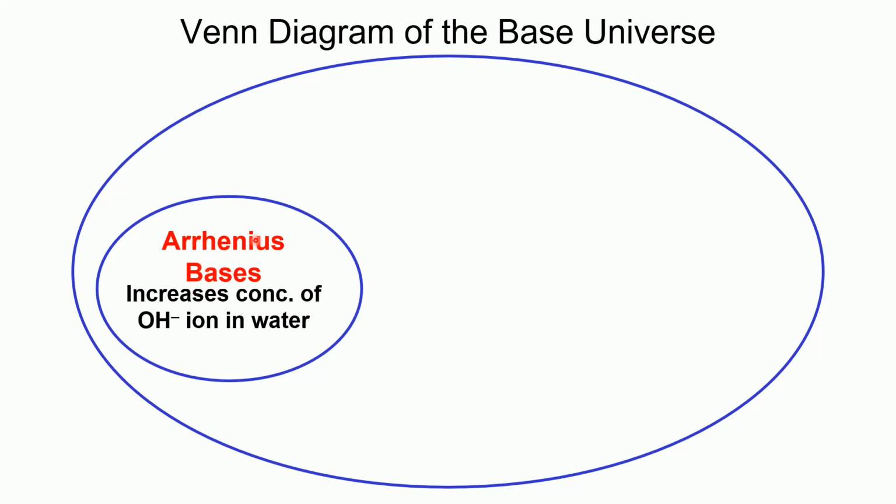We generally consider Arrhenius bases to be metal hydroxides that will dissociate to some extent to give us hydroxide ion. An example would be sodium hydroxide, but any metal hydroxide would technically count as an Arrhenius base.